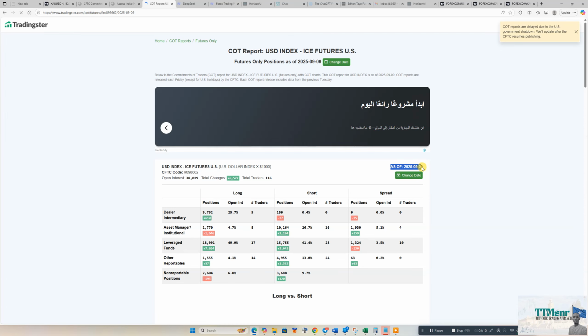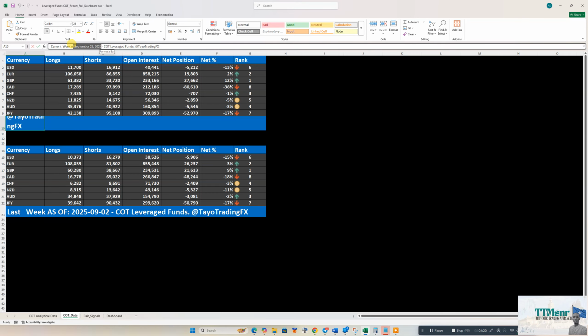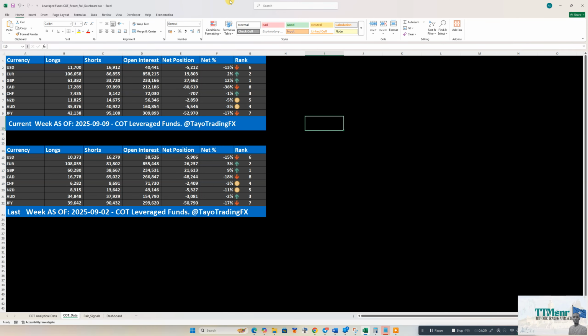This will be the next data which I will put in here. Okay, so let us put all this data. We will take the open interest, and we will also put the short and long format of that data.